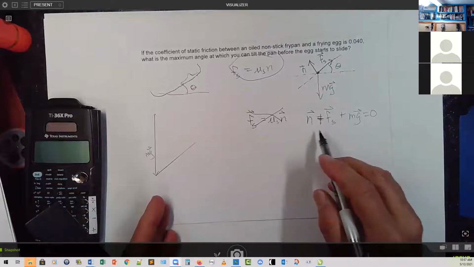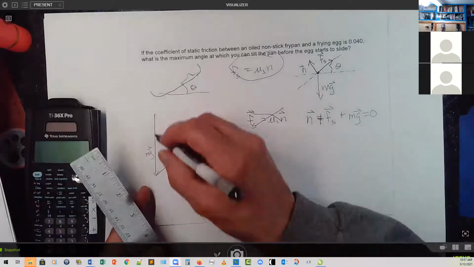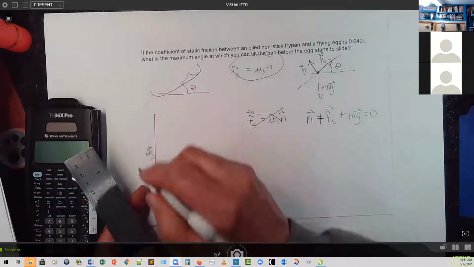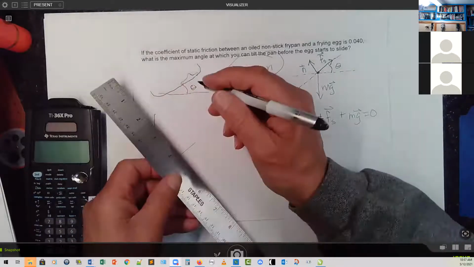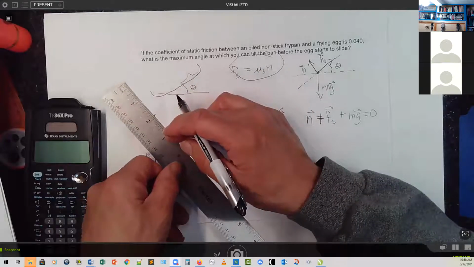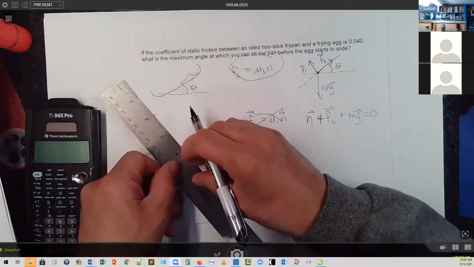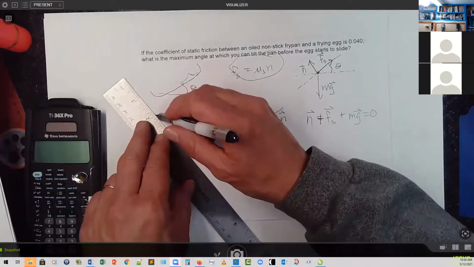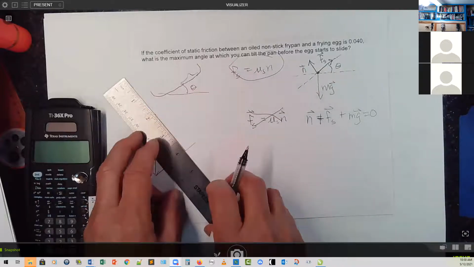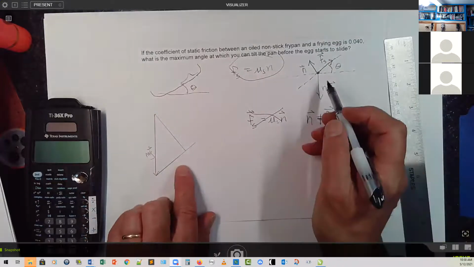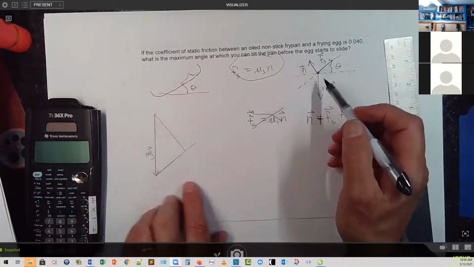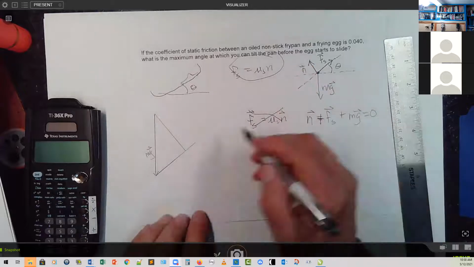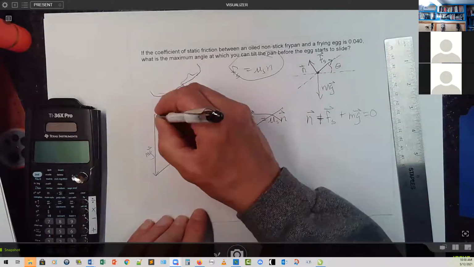Anyway, these three have to add to 0, which means when I go around this force triangle that I'm drawing, I'm going to have to come back to 0, but I have to make sure that my arrows for the static frictional force and the normal force take on approximately those directions, but they have to be perpendicular.